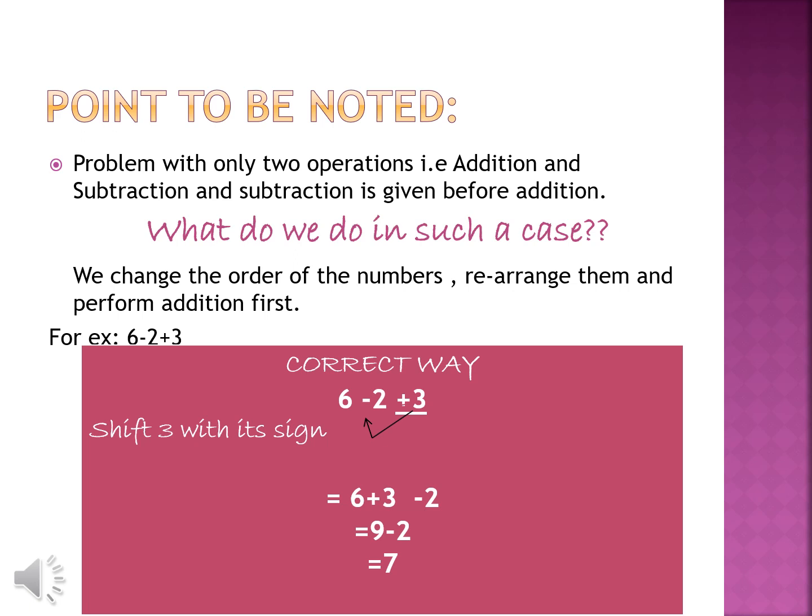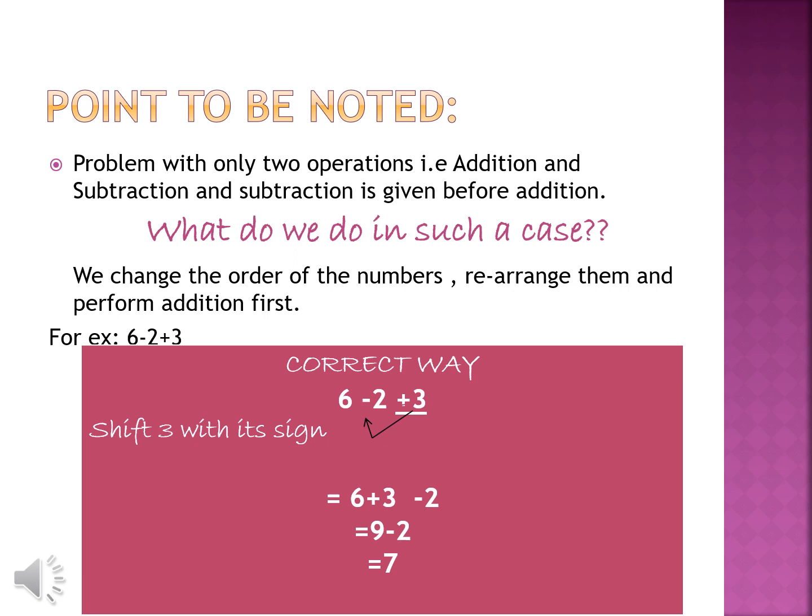You cannot do 6 minus 2 as 4 and then plus 3 as 7 and find the answer as 7. No, this is wrong. Why is this wrong? Because according to BODMAS, addition should be performed first of all and then subtraction, right? So addition first of all does not mean 2 plus 3, right?